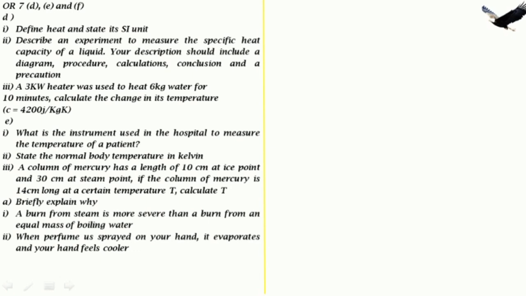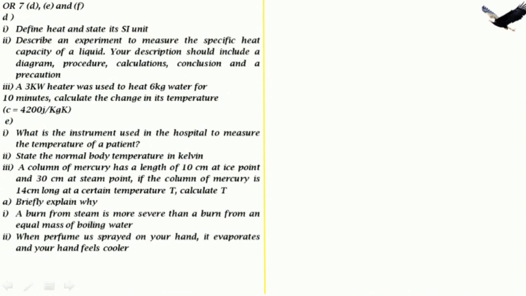State the normal body temperature in Kelvin. 3. A column of mercury has a length of 10 centimeters at ice point, 30 centimeters at steam point. If the column of mercury is 14 centimeters long at a certain temperature T, calculate T.